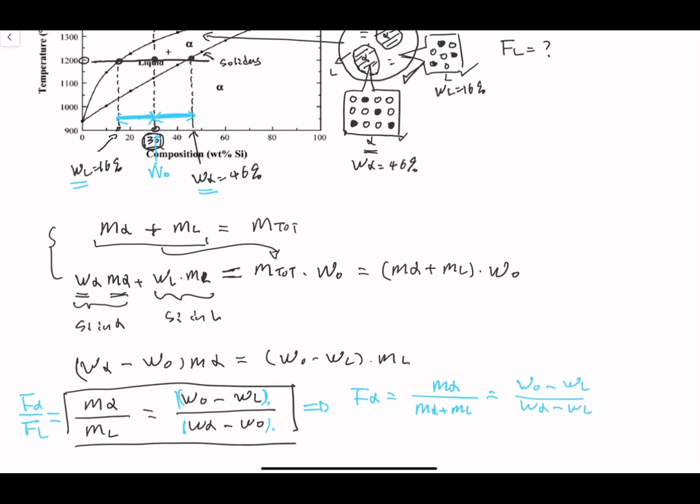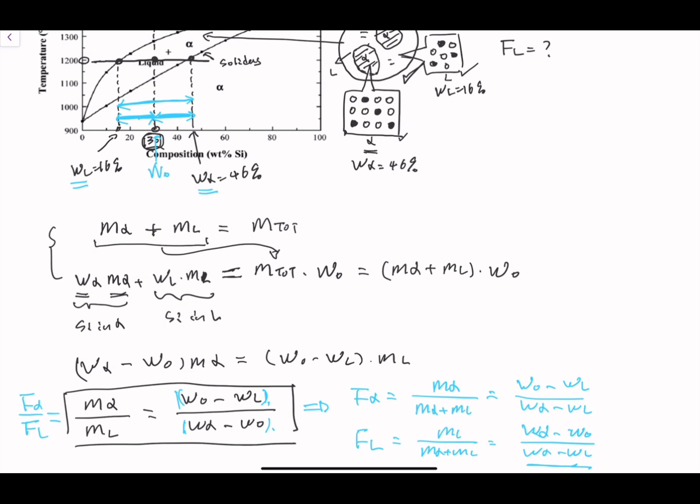And then the fraction of the liquid phase, again the mass of the liquid over the total mass, equals to the solid arm over the total length. So this total length is the composition of the alpha minus the composition of the liquid, which is this length. Okay, so this is what we call the lever rule.